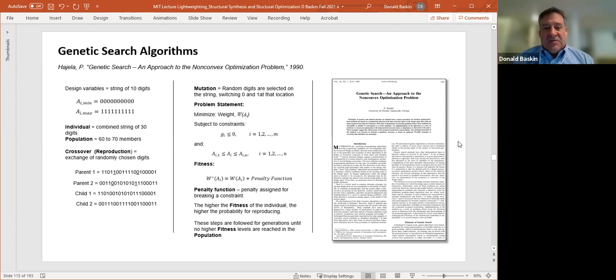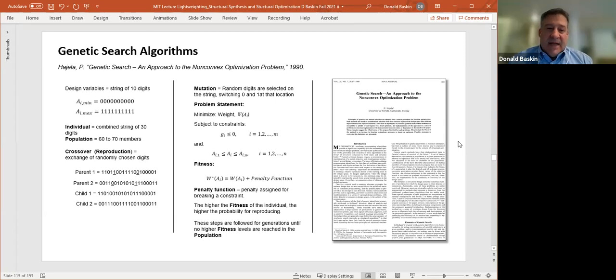And then for each of the children, the value of the objective function is calculated. Some children will have a higher objective function, some will result in a lower objective function. And then there's the possibility that you'll violate a constraint, and then there's a penalty function to account for having violated a constraint, so that child doesn't look like they've achieved a great value of the objective function.